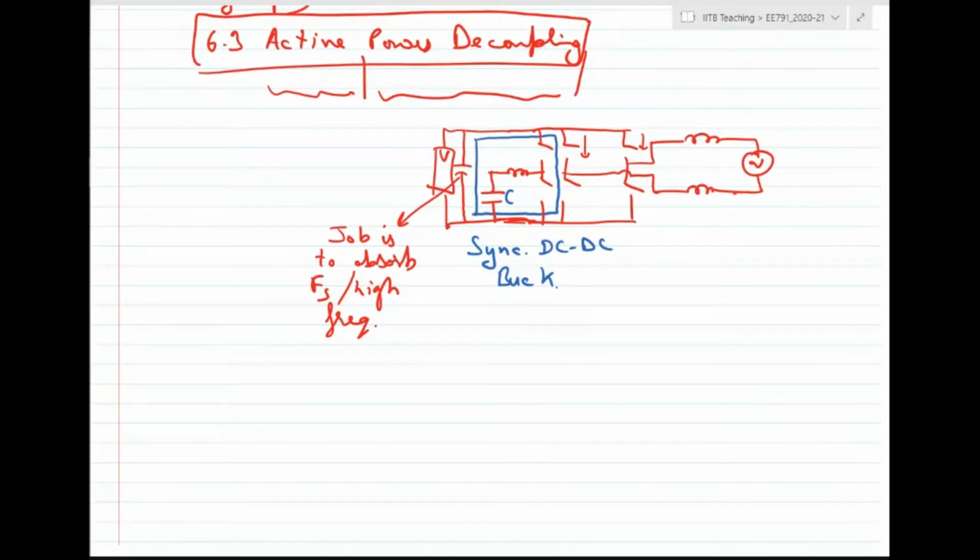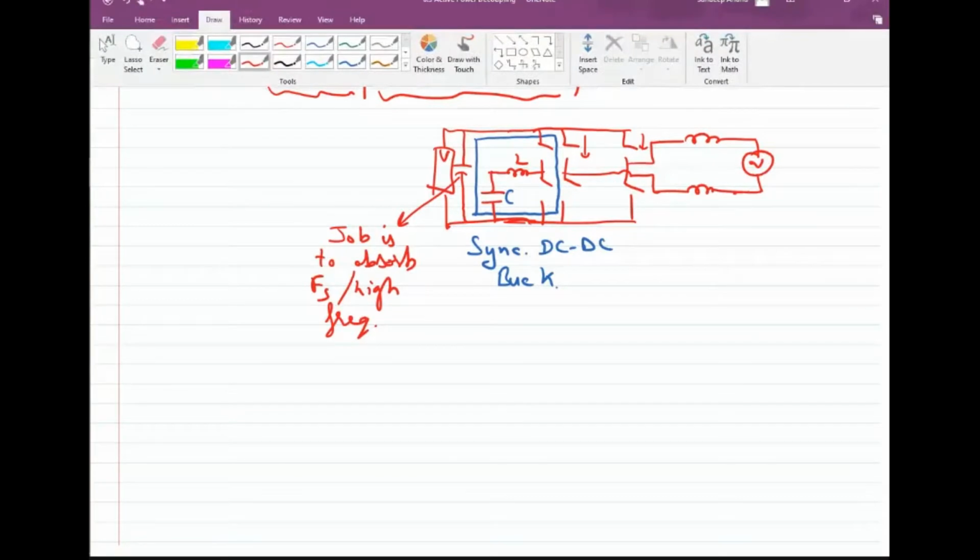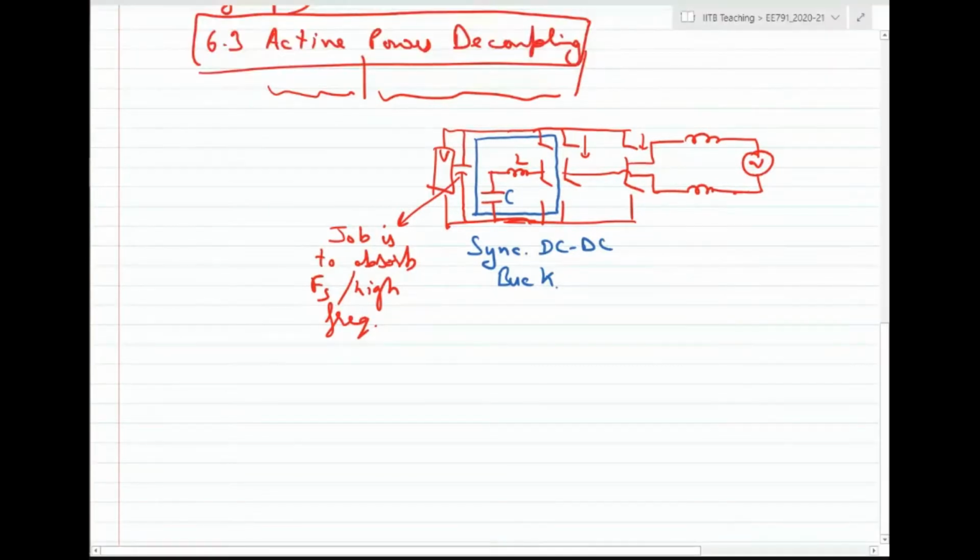All right, now if we see in the synchronous buck converter, there is an inductor L and a capacitor C, and both of them are capable of storing energy. But in general, the cost per unit of energy storage of a capacitance, especially an aluminum electrolytic capacitance, is much lower as compared to an inductor.